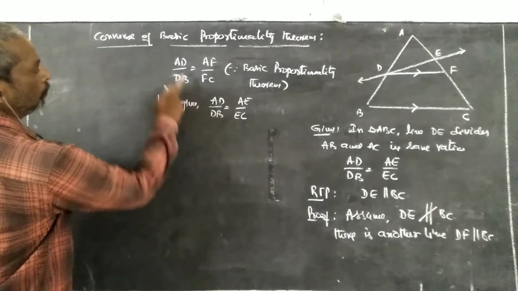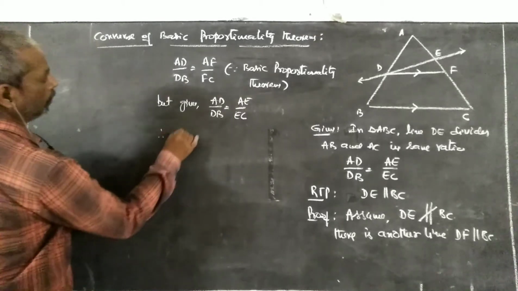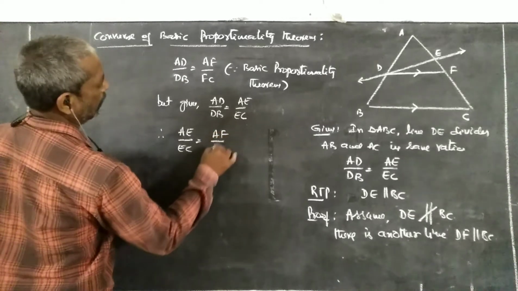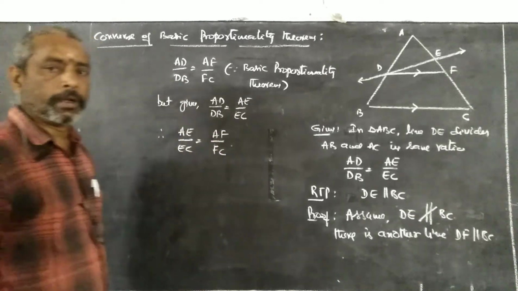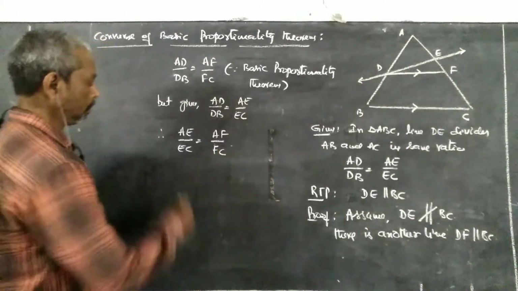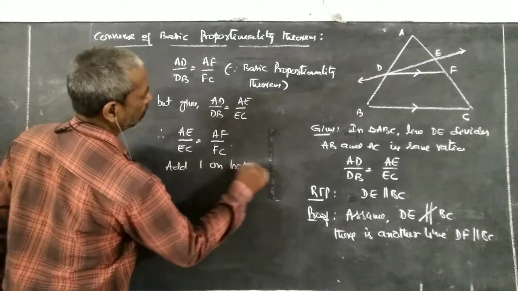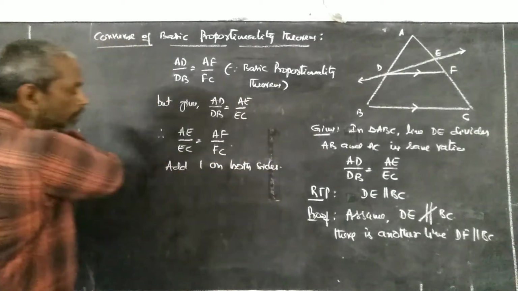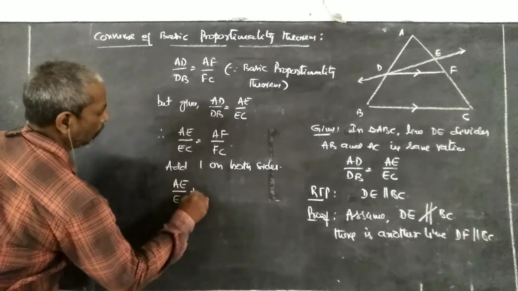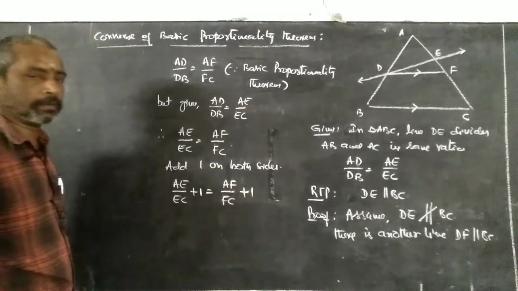So from these two, the LHS is equal, therefore the RHS is also equal. Therefore, AE by EC is equal to AF by FC. Now add 1 on both sides. Therefore, AE by EC plus 1 is equal to AF by FC plus 1.